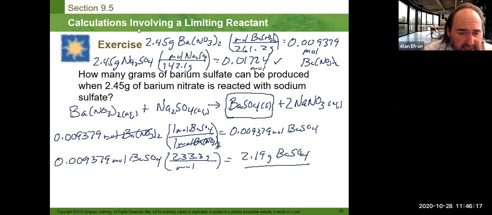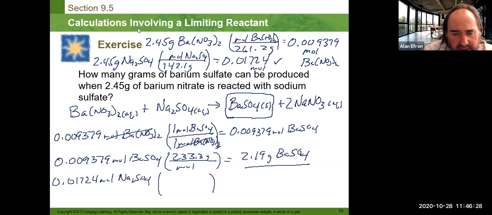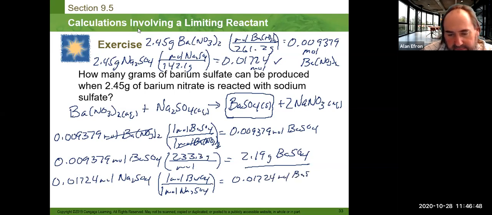So we're going to do our second calculation starting with our sodium sulfate. And we're going to go to the equation, and we see between sodium sulfate and barium sulfate also still a 1-to-1 relationship. So 1 mole of sodium sulfate, 1 mole of barium sulfate, going to give us 0.01724 moles of barium sulfate.